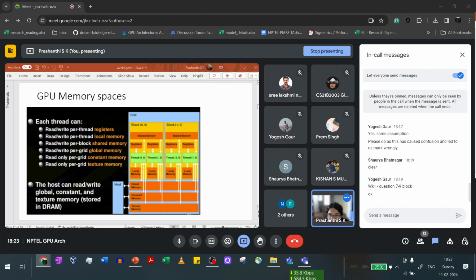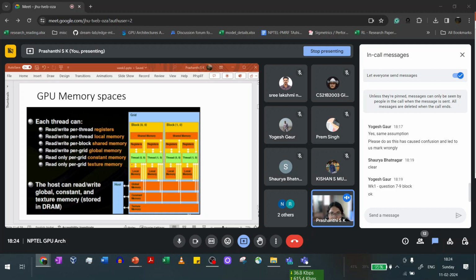And the host, so again, we have this terminology of host and device starting from, I think, this week, and we are getting used to that. So the device refers to the GPU and the host typically refers to the CPU side. So the host can read or write the global, constant, and texture memory as indicated by these arrows, and every thread can read or write per thread registers, per thread local memory, and per block shared memory.